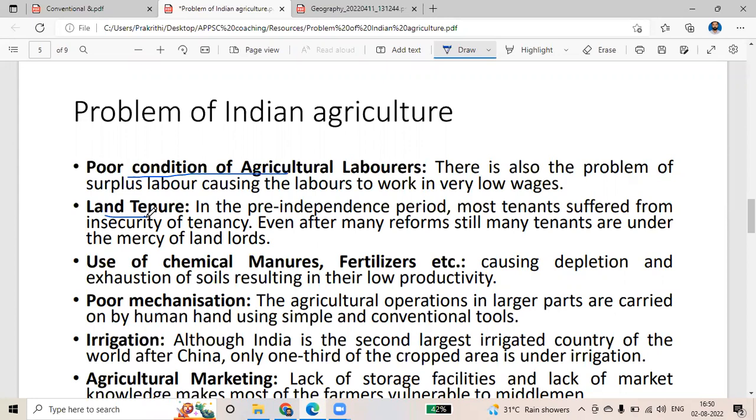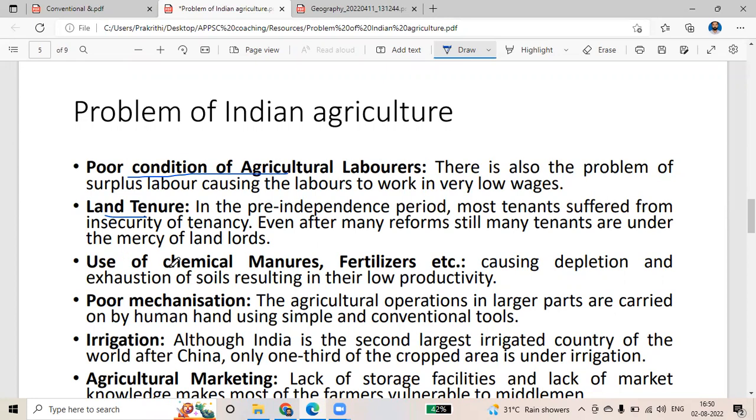But still, there are a lot of tenants who were purely depending upon their landlords. अभी मेरा पास एक लैंड है, तो I will give that for rent. The farmer will cultivate there, and dominating portion of the profit will be taken by me. So the farmers will get less amount. So land tenureship is still a big problem in India.